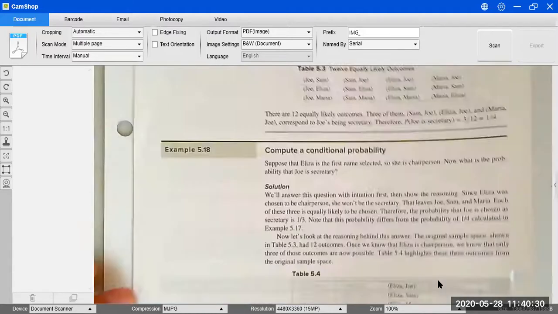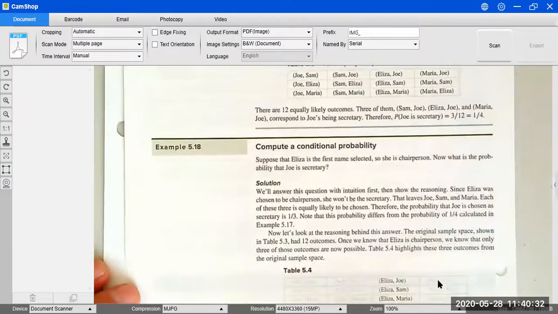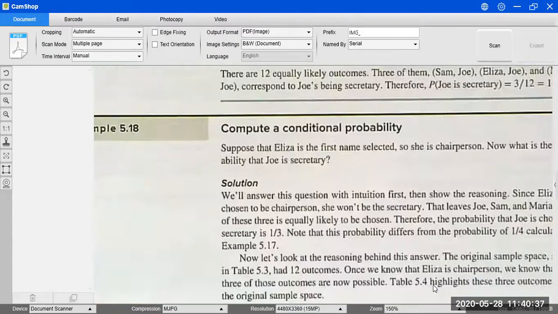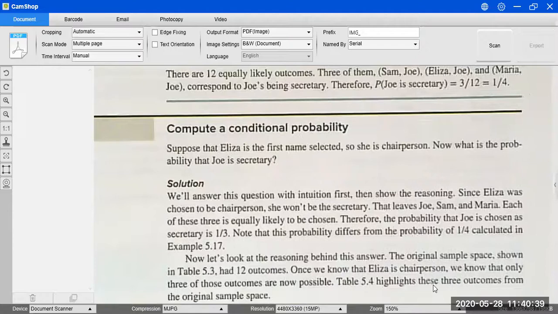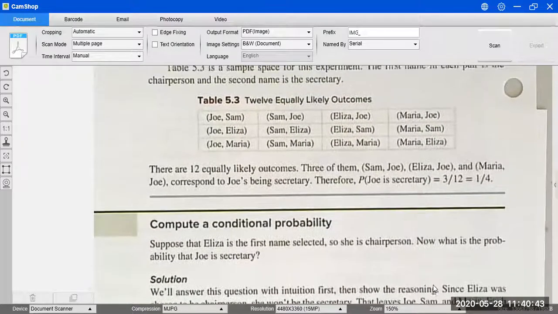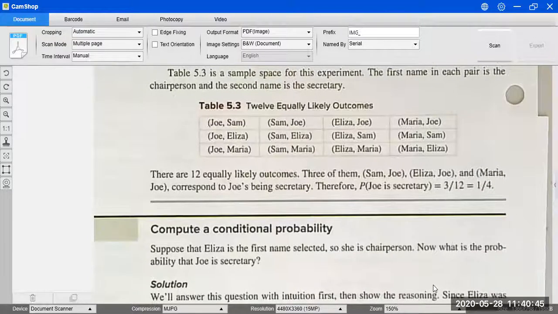The next example is example 5.18. In example 5.18, we're going to suppose that Elisa is the first name selected, so she is the chairperson. Now, what is the probability that Joe is secretary? If you read carefully, this case is completely different from the previous one.